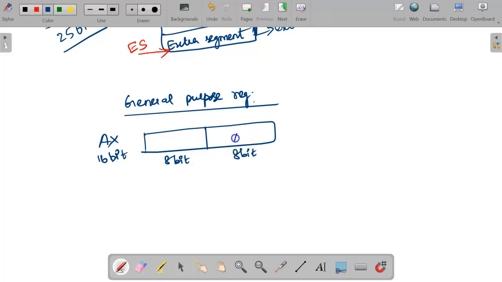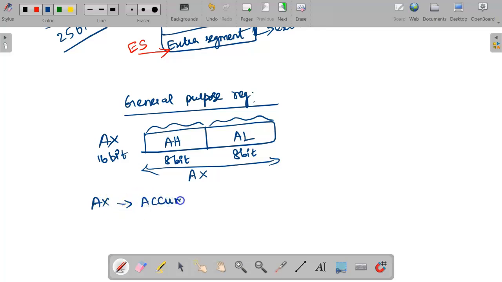The lower 8 bit alone we call AL, the upper 8 bit alone we call AH, and the whole 16 bit is the AX register. Similarly it is for BX, CX and DX. Either we can use it directly as a 16-bit register, or we can split it into 8-bit registers and use those.